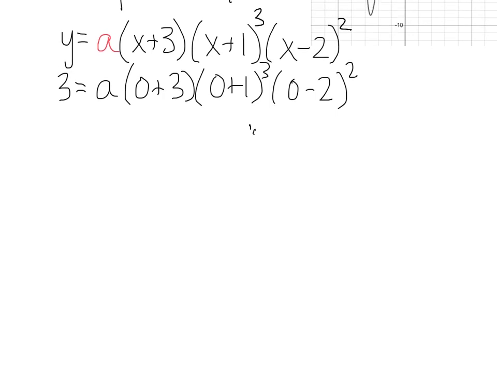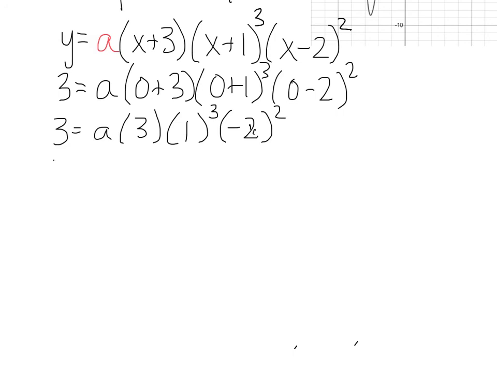So again, let's simplify inside the parentheses first. 0 plus 3 is 3, 0 plus 1 is 1, and 0 minus 2 is negative 2. Let's next simplify our exponents. 1 cubed is 1, negative 2 squared is 4.